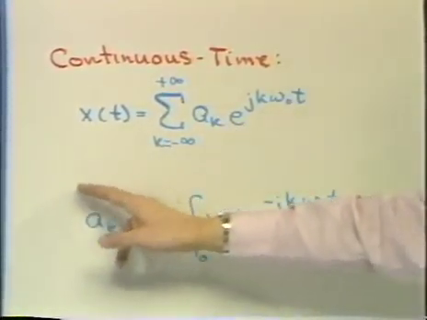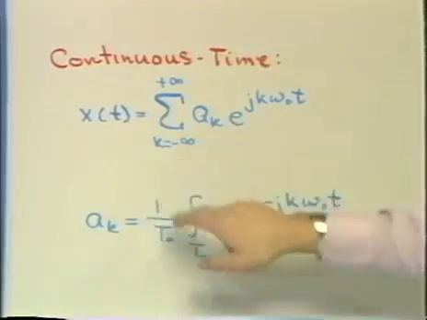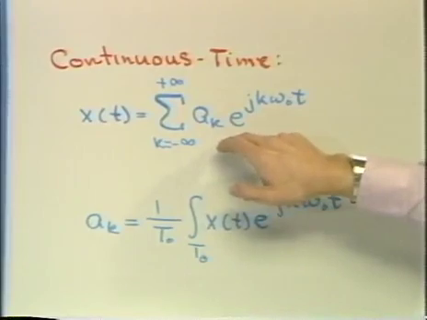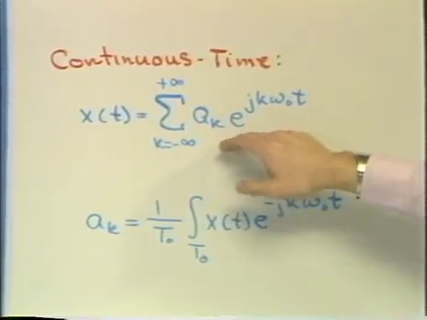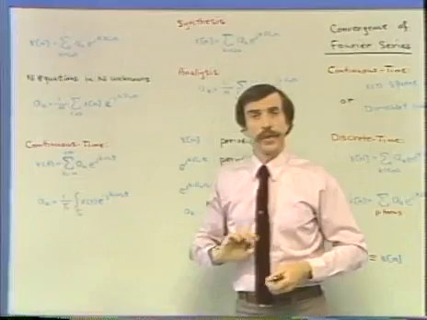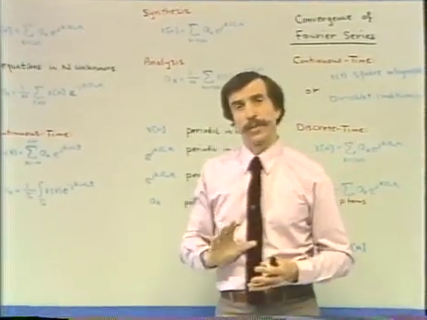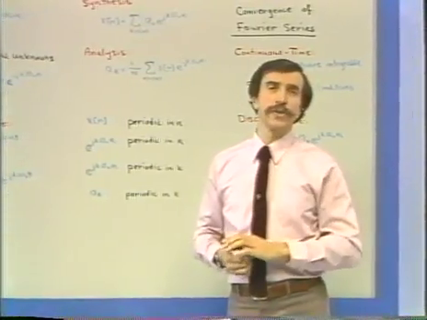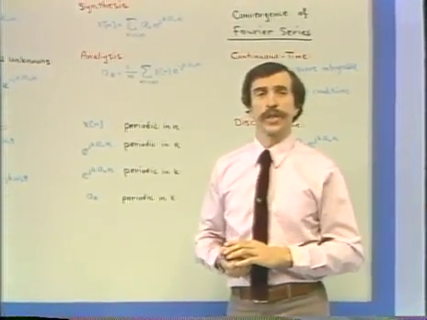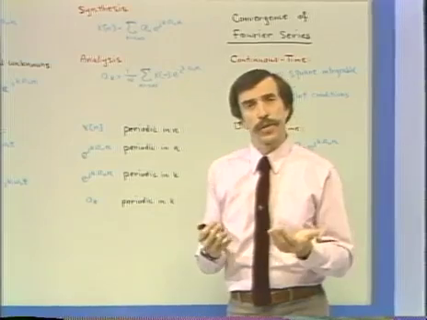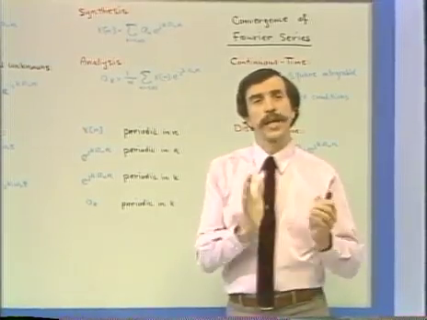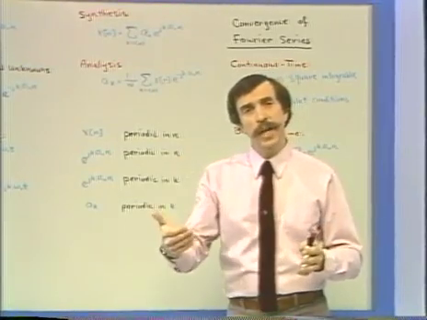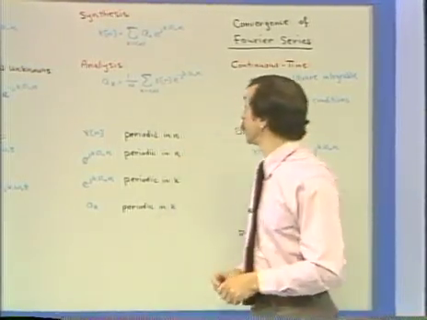And the analysis equation was an integration as opposed to the synthesis equation, which is a summation. So there is a real difference there between the continuous time and discrete time cases, and the difference arises to a large extent because of this notion that in discrete time the complex exponentials are periodic in their frequency.